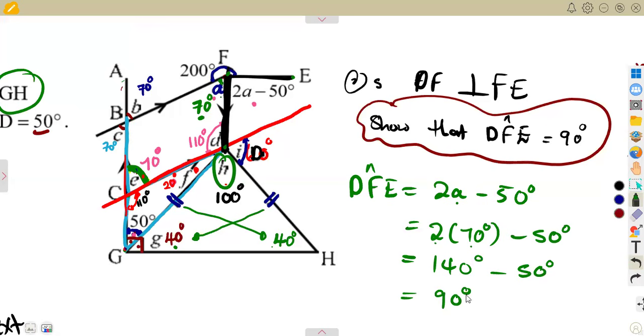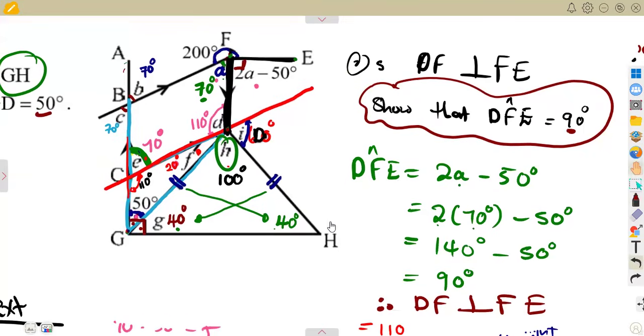So if this angle is 90 degrees, what does it mean? It means DF is perpendicular to FE. That is what it means.